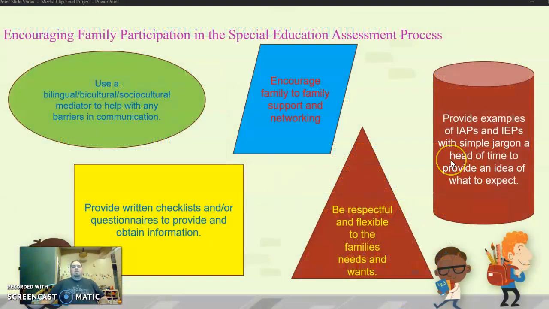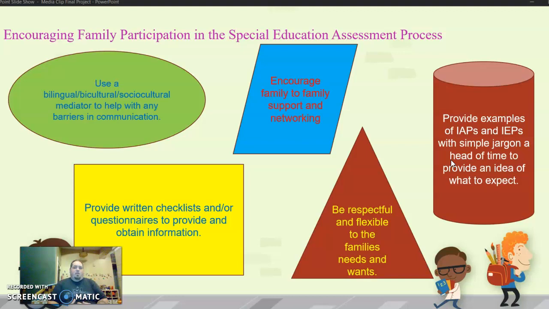Okay. Next, we move on to we want to encourage the family to participate in the special education assessment process. There's different ways to do that. We want to encourage the family to be involved in the process, but we want to make sure that they understand what's going on.